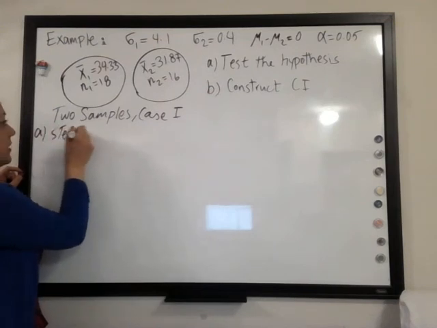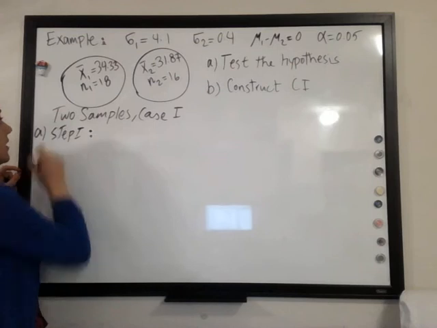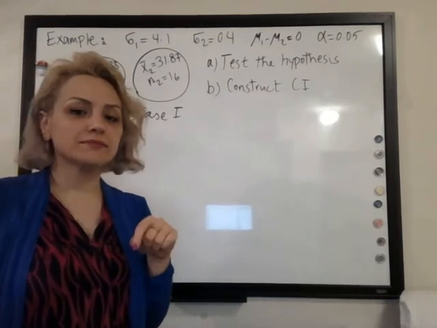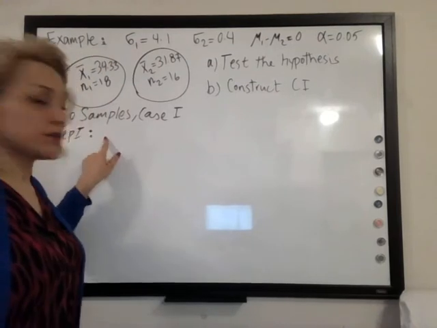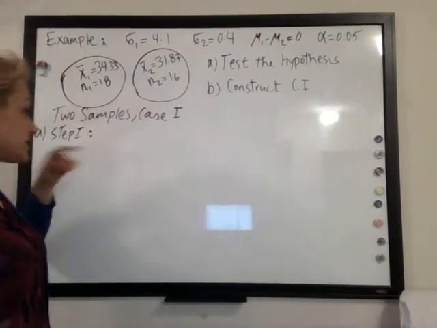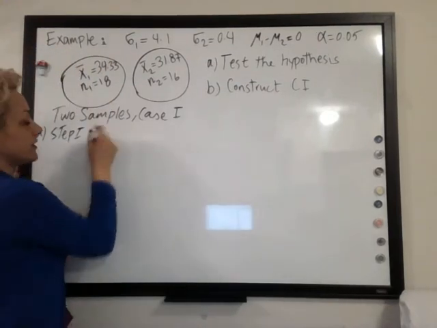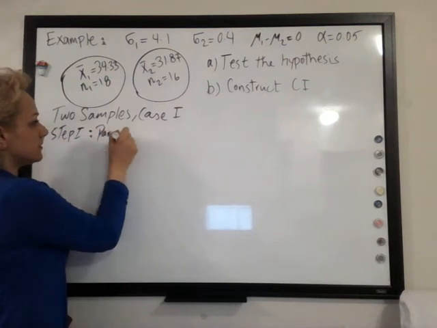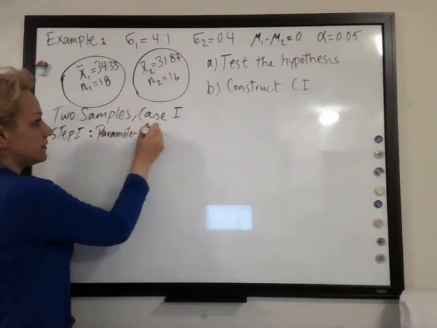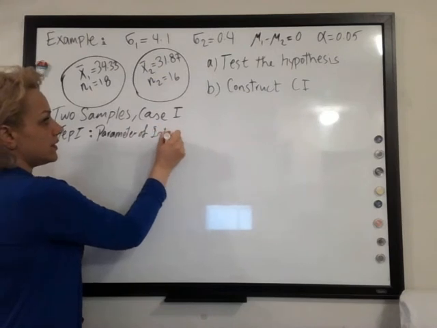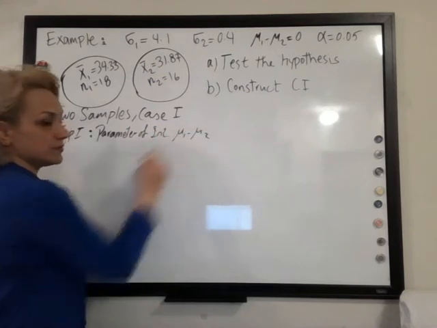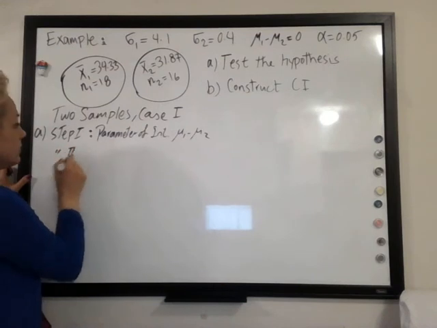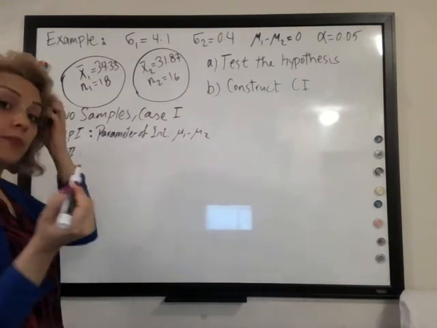Step 1 was to find the parameter of interest. So the parameter of interest here is the difference between the mu's, mu1 minus mu2, right?